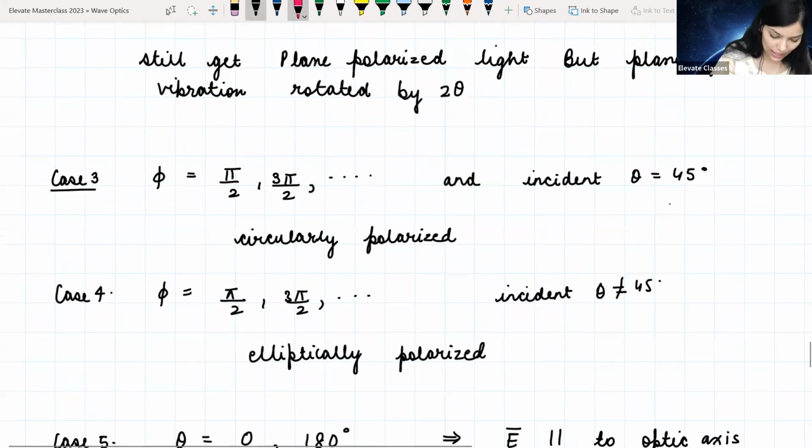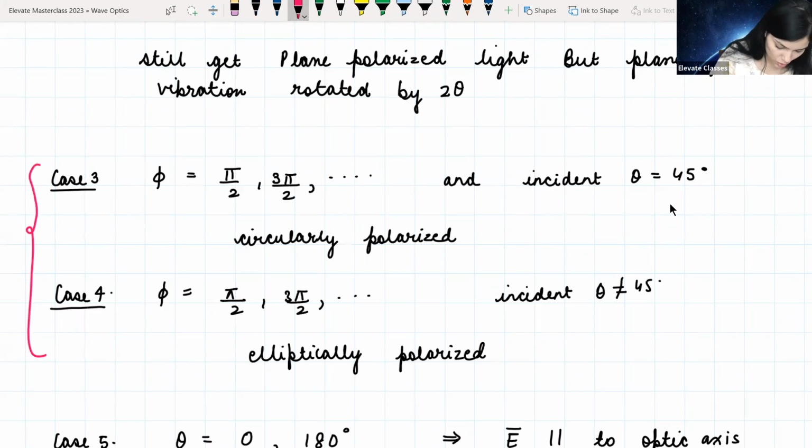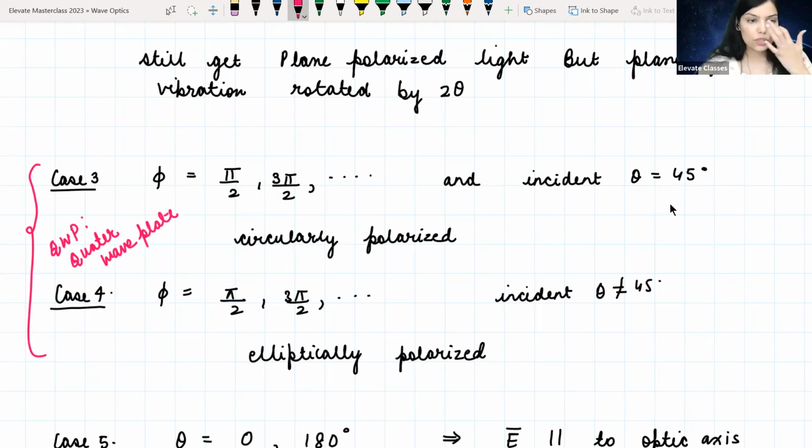So case 3 and 4 actually both correspond to a quarter wave plate. So quarter wave plate का काम क्या है? Quarter wave plate will introduce 1/4 of the total circle, so that is 1/4 of 2 pi.